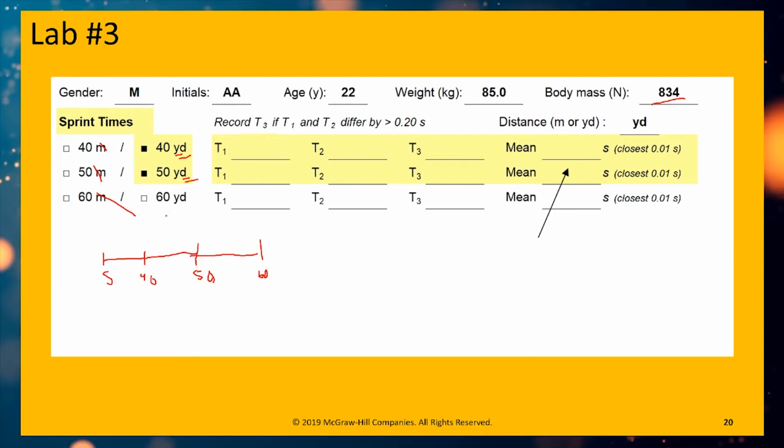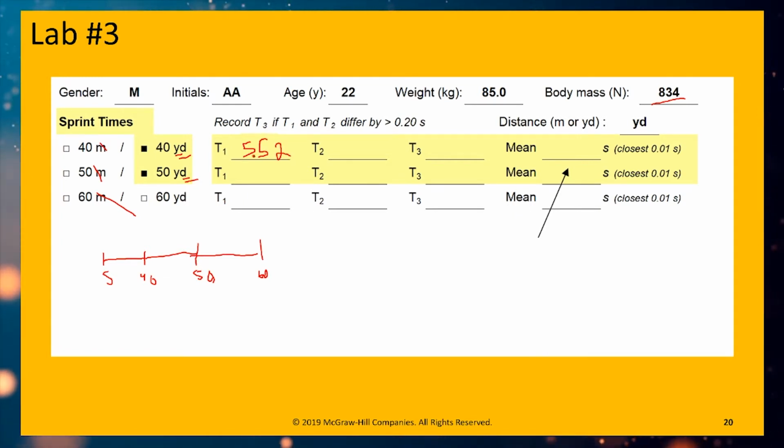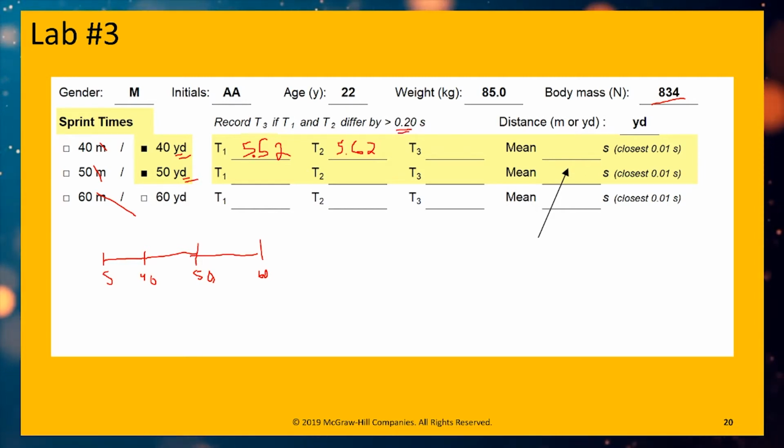So for their first trial, they hit 5.52. Trying to think and write with this mouse. One of these days I'll invest in a tablet. For trial 2, they hit 5.62. And then remember the rule, if we are within 0.20 seconds, we don't need to do a third trial.